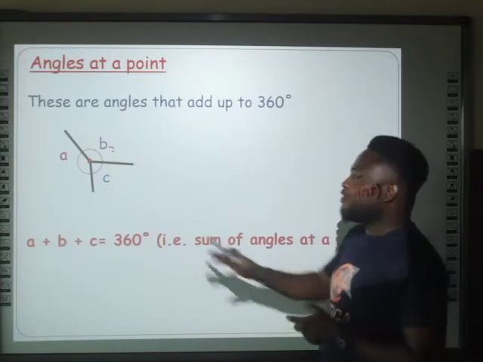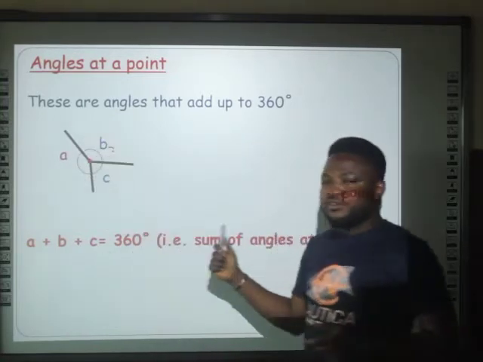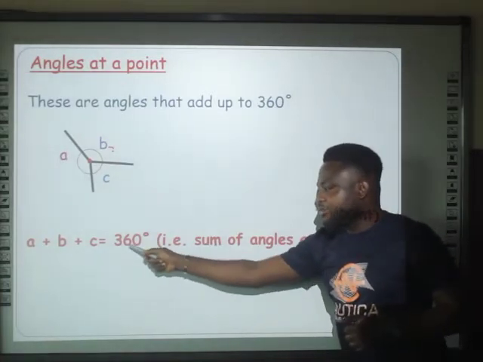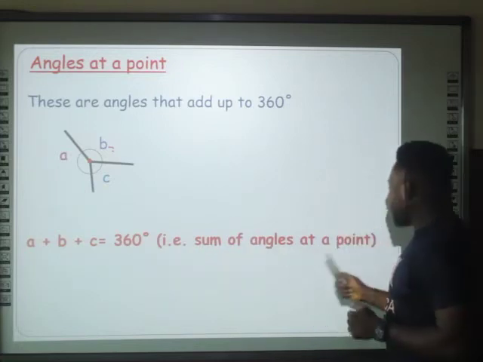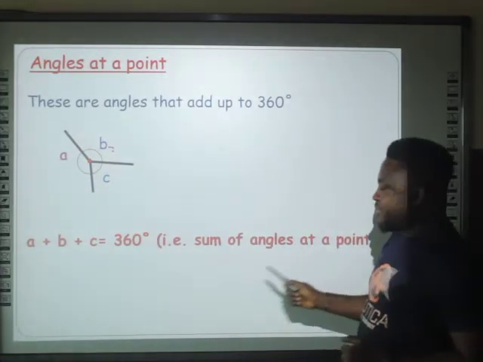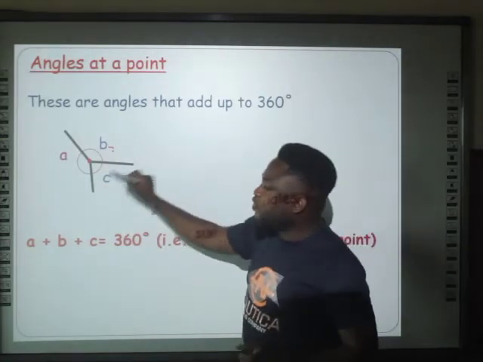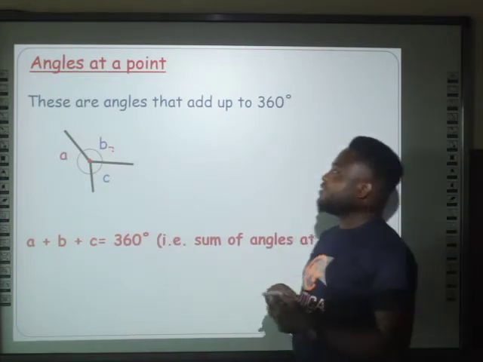Anytime you have something like this, the addition of all these angles at a point will give us 360 degrees. So this 360 degrees implies the sum of angles at a point. The addition of all these three angles will be equal to 360 degrees.